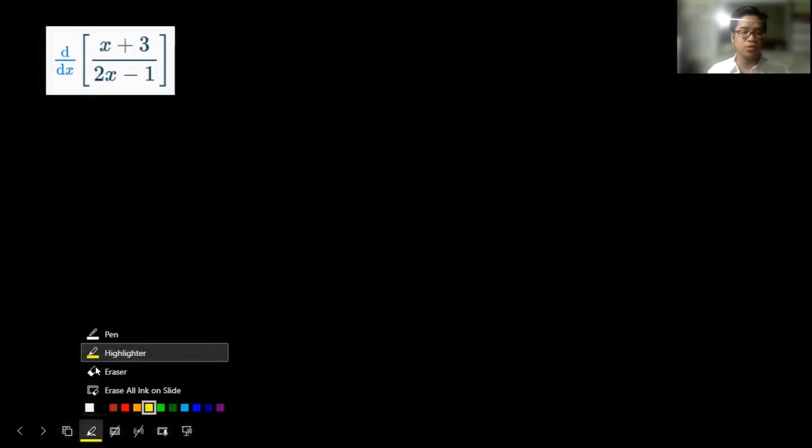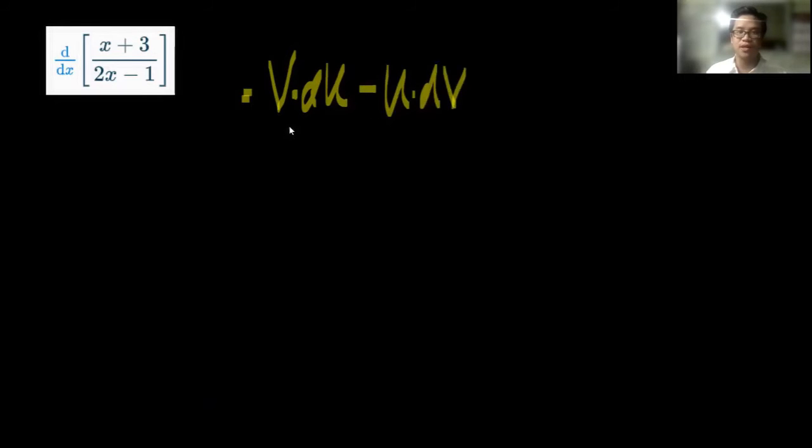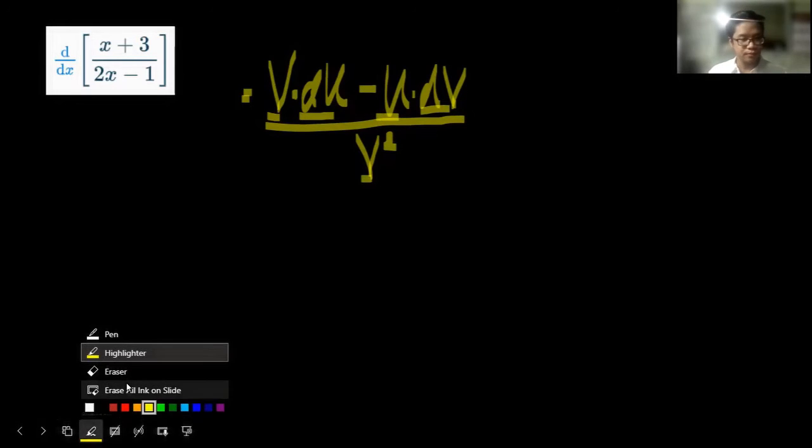The formula for the quotient rule is v times du minus u times dv over v squared. That's it, guys.